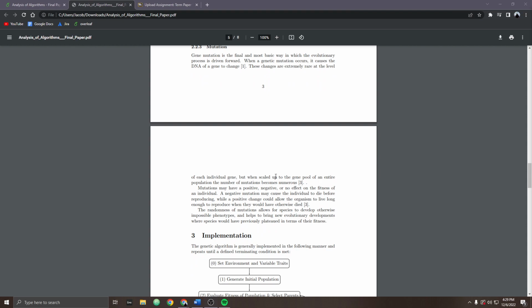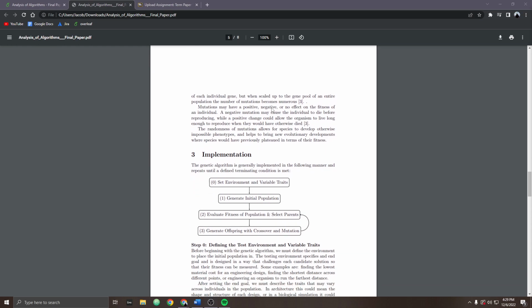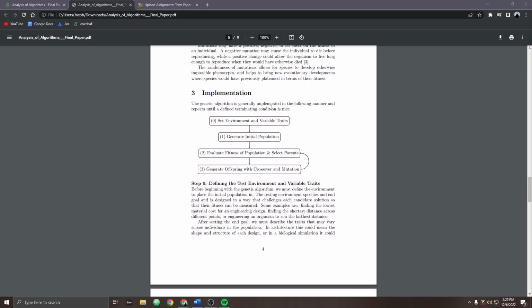And as this gets passed down, the positive mutations are likely to stay and be passed down to generations, and the ones that lower an individual's fitness are more likely to die out before having the chance to reproduce to the next.